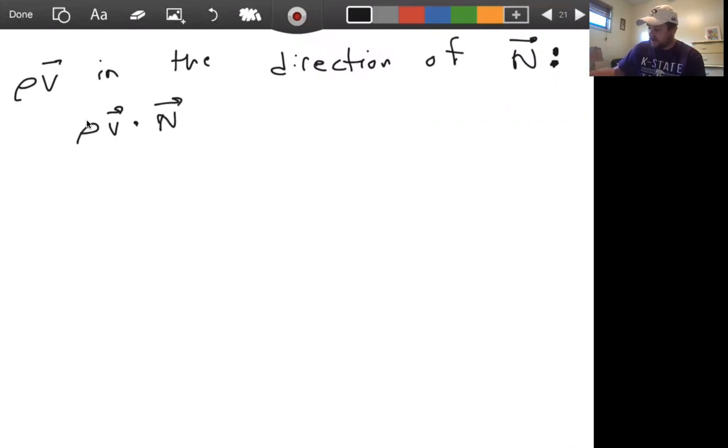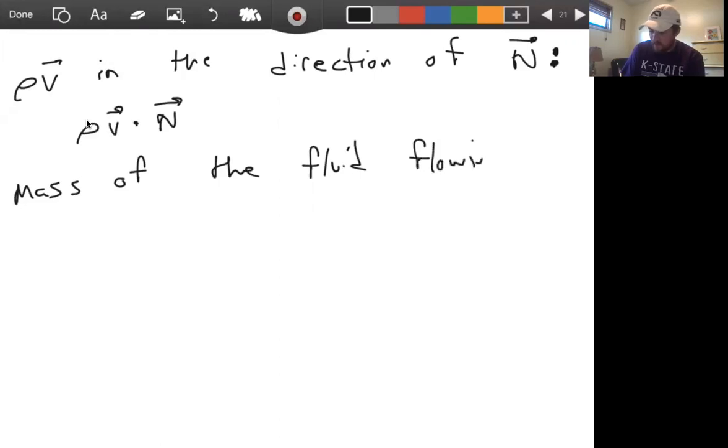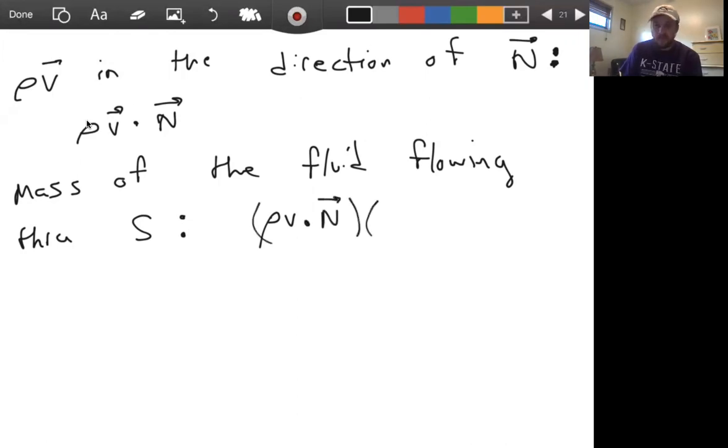And now, what do we need? Now we need the mass, right? The mass of the fluid flowing through S. And this is given by, well, it's rho v in the direction of n, but now we need to account for the area, right?